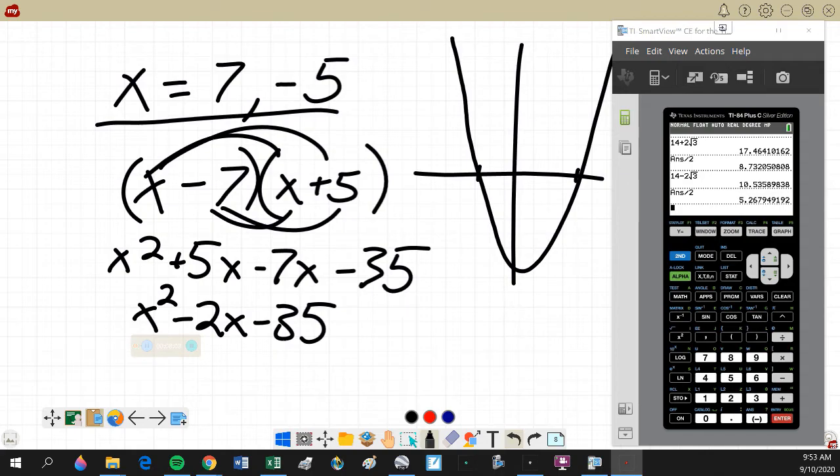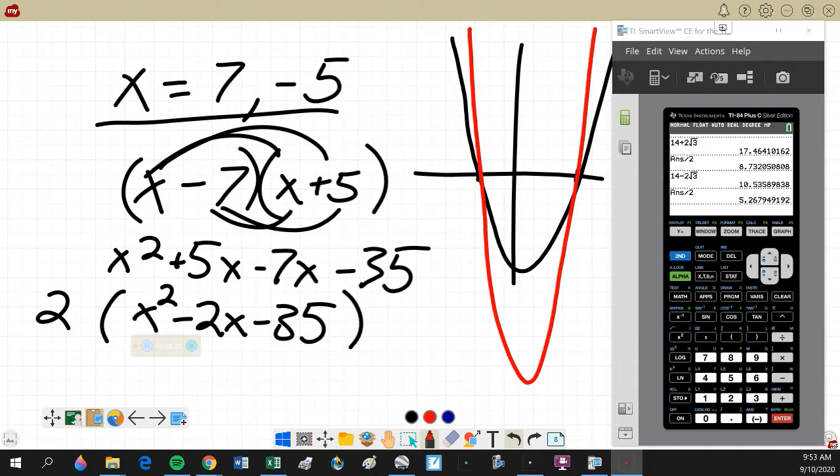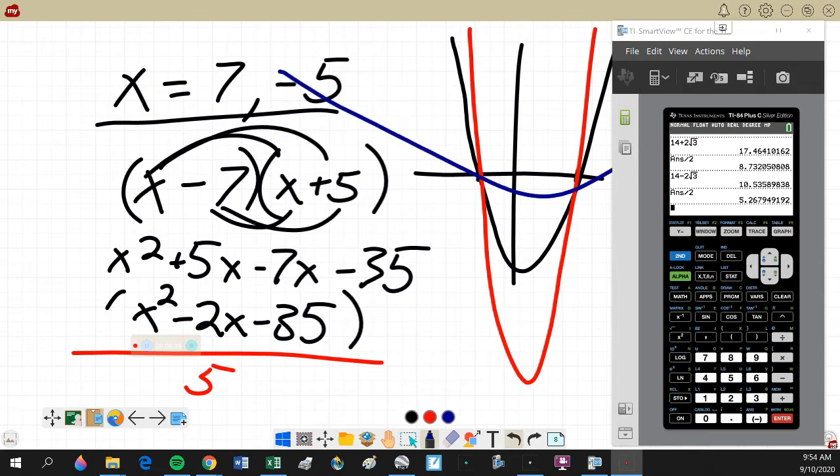But if I were to times this entire equation by 2, then I would create a parabola that is twice as tall, but it still hits the same place. If I were to take this equation and divide everything by 5, then I would create a parabola that still has the same roots, but it's going to be 5 times as short. I missed, but you guys get the idea.